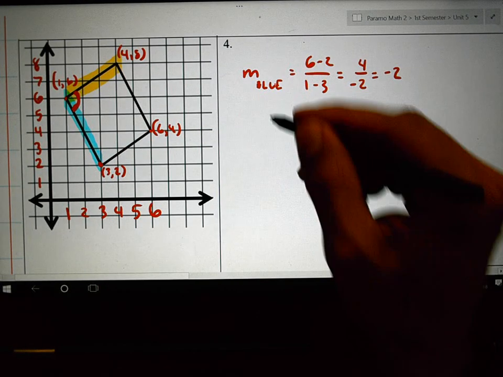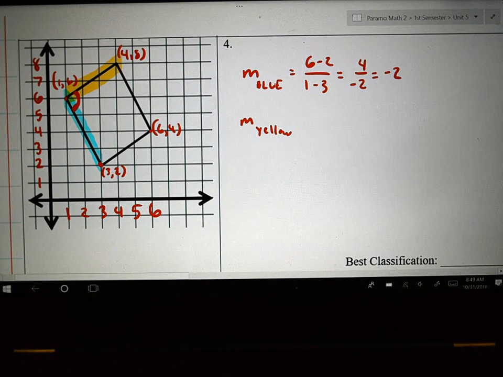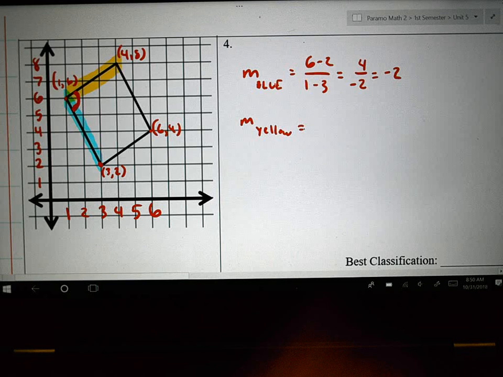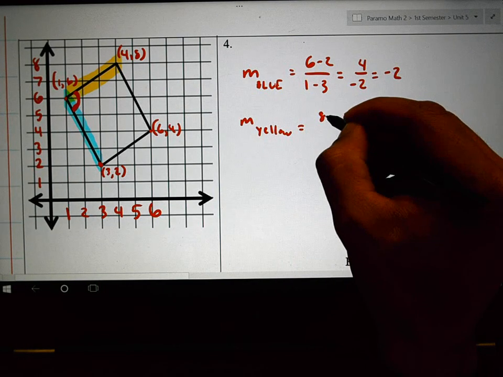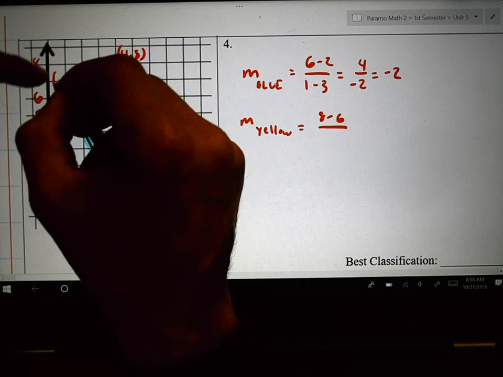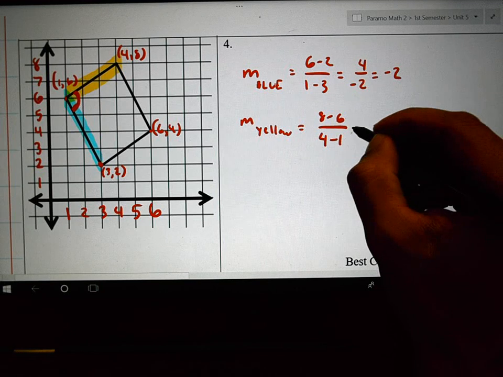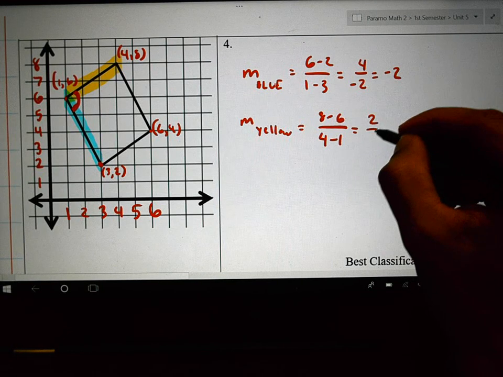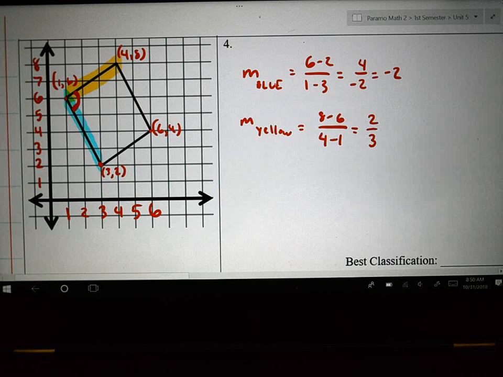Now I'm going to do the slope of the yellow. The slope of the yellow is y2 minus y1 over x2 minus x1. And when you look at these, what I'm checking to see is, are they opposite signs?